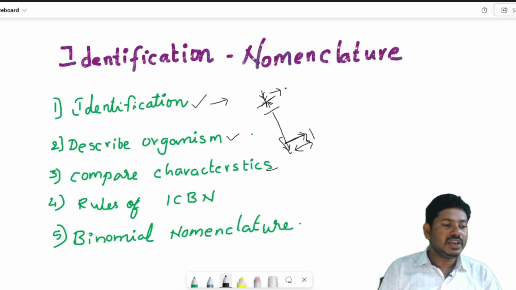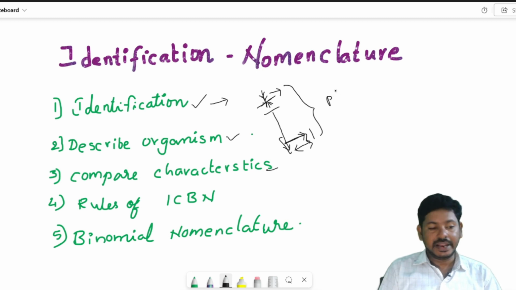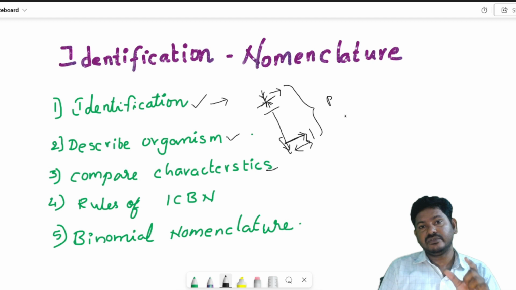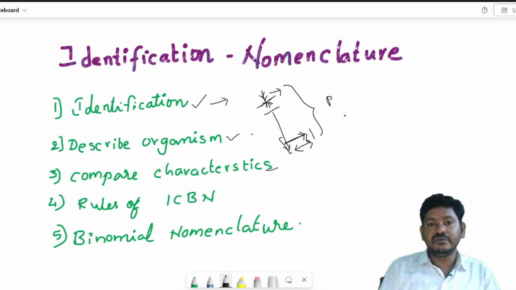Why do we have to name the plants? Because plants have regional names. Yes or no? Yes. If you take any plant, its name varies from one place to another place, from one country to another country. So most scientists got confused.